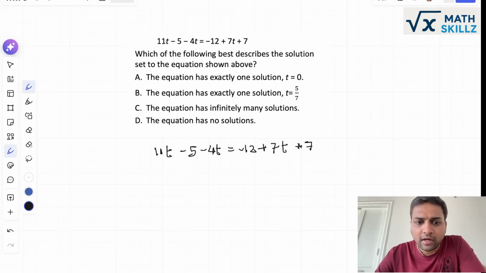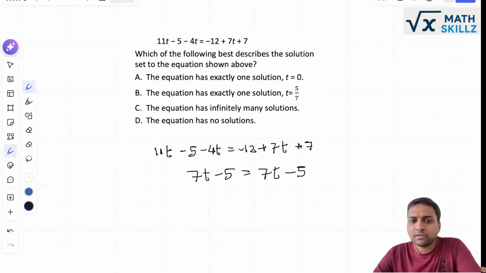After simplifying, 11t minus 4t, I get 7t. So 7t minus 5 equals, on the other side we have 7t here, and minus 12 plus 7, I get minus 5.